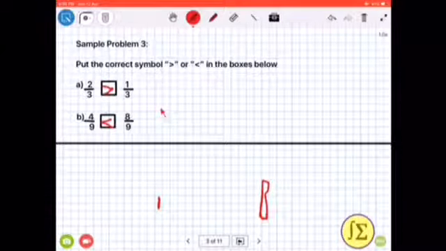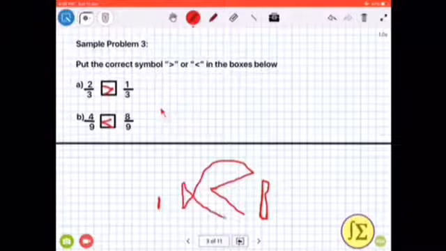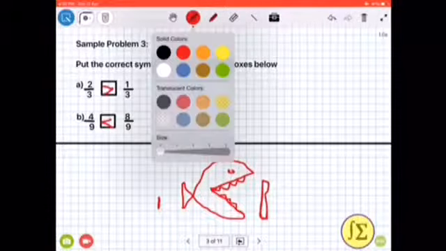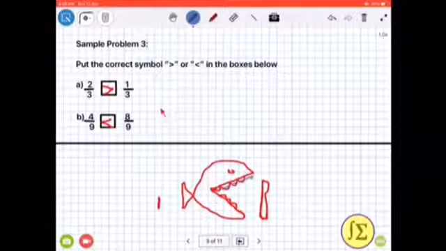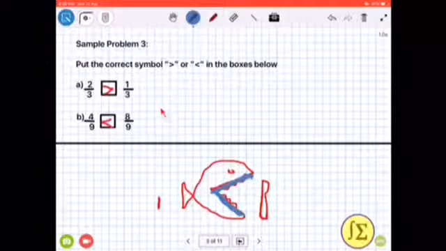You would want to eat the larger worm. So if you draw this as a fish, not a very good artist, the fish will go for the larger worm. So you look at the mouth of the fish. It's always opening up to gobble the larger worm.